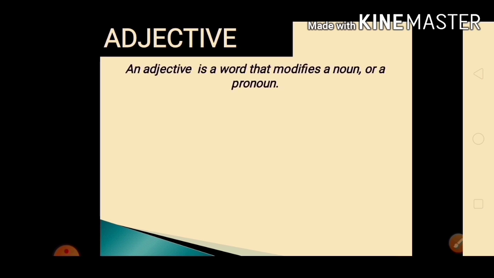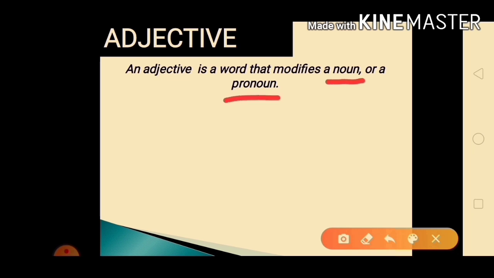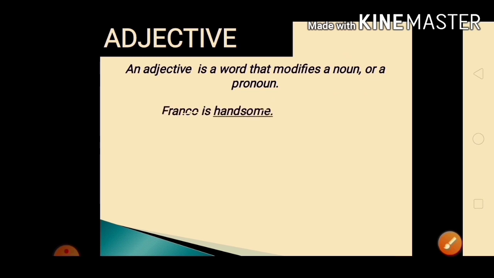Next, we have adjective. An adjective is a word that modifies a noun or a pronoun. Again, when we say adjective, it modifies a noun or a pronoun. For example, Franco is handsome.